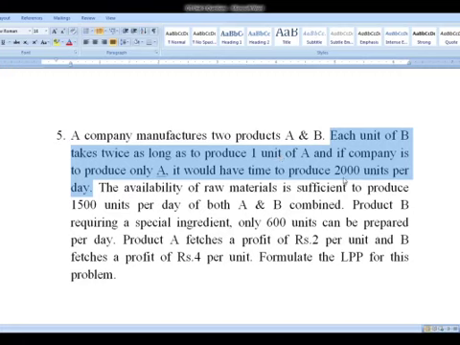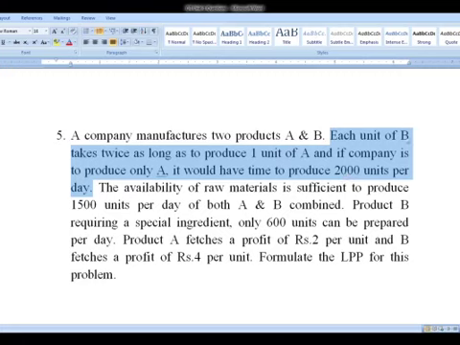Now this only means that 1A plus 2B is less than or equal to 2000. You can assume that because if the company is producing only A, then it is 2000 units. If the company is producing A and B, it should be less than or equal to 2000. Why?